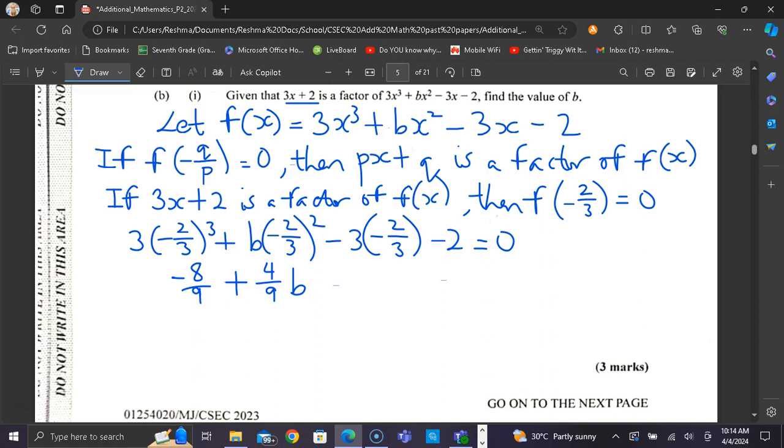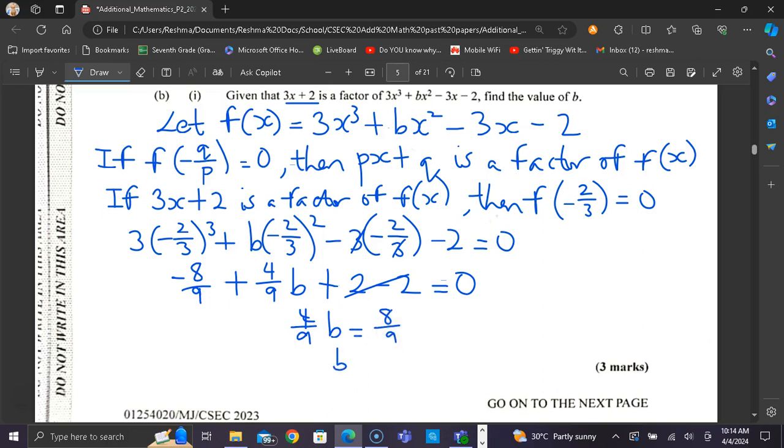3 by negative 2/3, so the 3's will cancel, so that will give you 2. And the minus and the minus will give a plus here. And we have minus 2 at the end. Okay, so this 2 minus 2, of course, will give 0, so that cancels. So we have minus 8/9 plus 4/9 b is 0. So if I carry the 8/9 to the right-hand side, it will be positive 8/9.